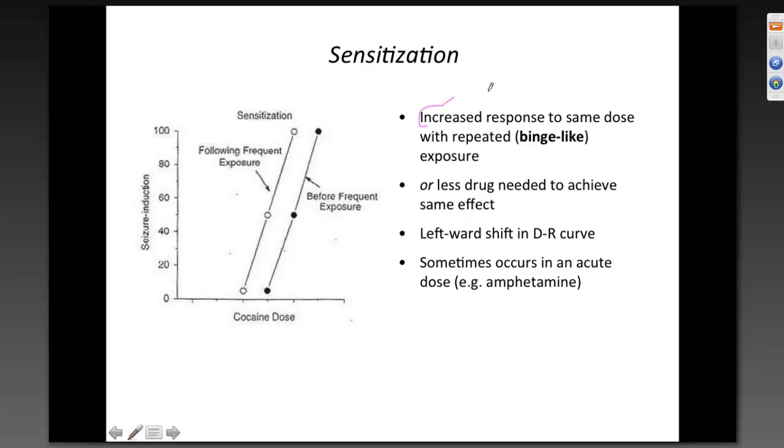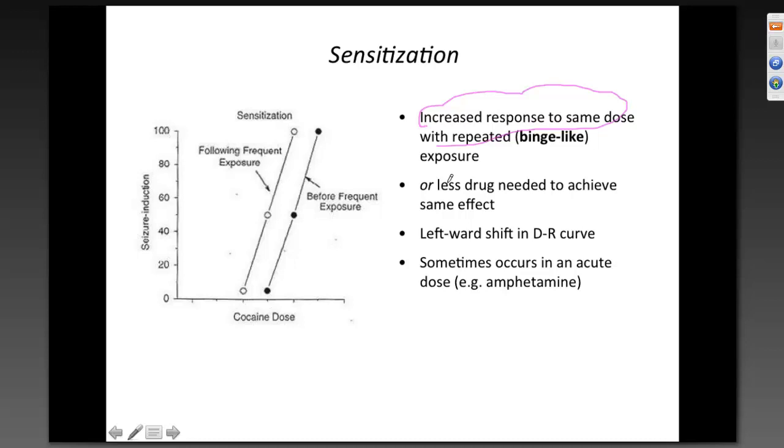Sensitization means an increased response to the same dose. Okay? Or you can call it less drug is needed to achieve the same effect. Or we can just say there's a leftward shift of the dose response curve, and sometimes this occurs with an acute dose like amphetamine.